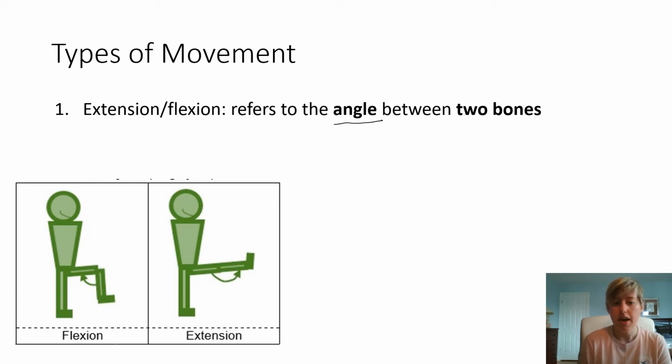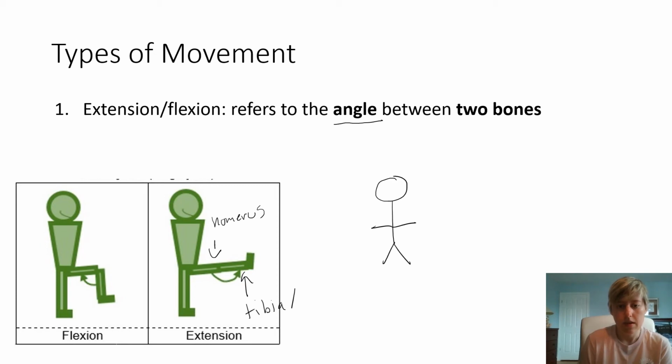If I have my stick figure, and the leg goes, so if I'm looking at the angle between, in this picture right here, between my humerus and my tibia/fibula, right in the middle is my knee.